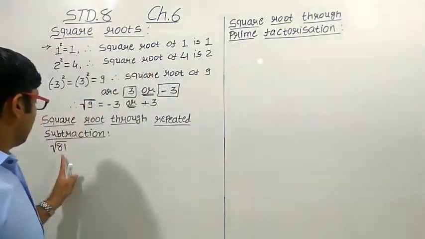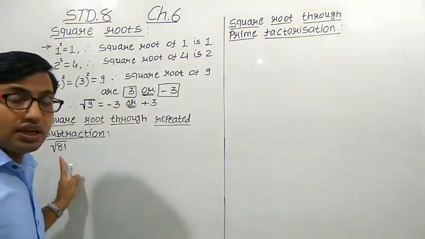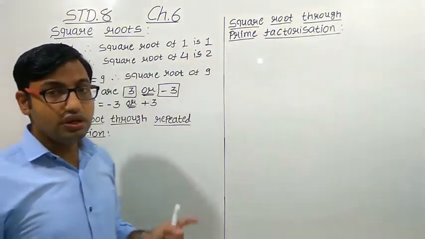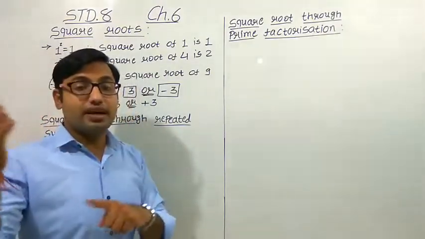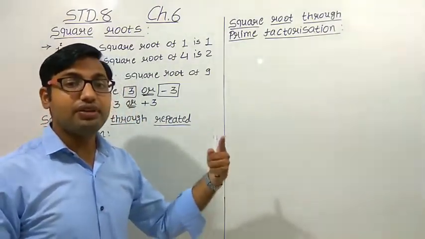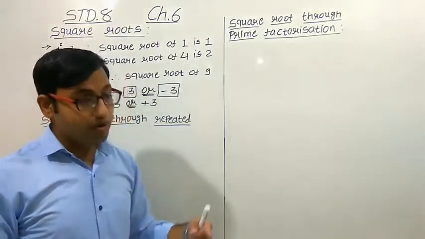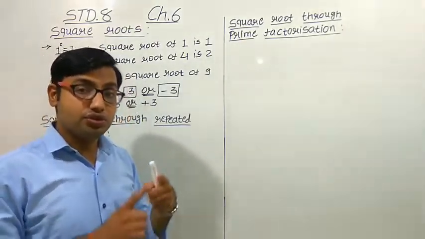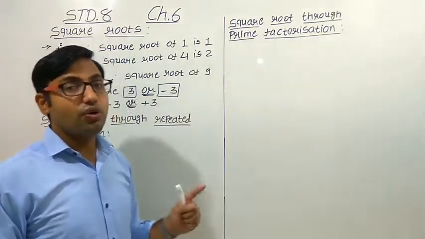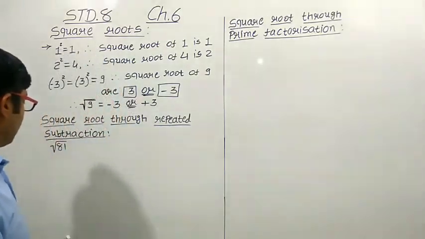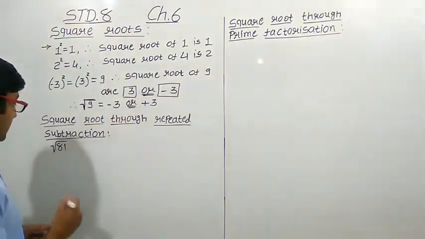Here we have to find the square root of, suppose, 81. So here we have to use the repeated subtraction method. At that time we were doing addition while finding the square. Now whenever we have to find the square root, we have to subtract the odd numbers. So here we write root 81, which we have to find.